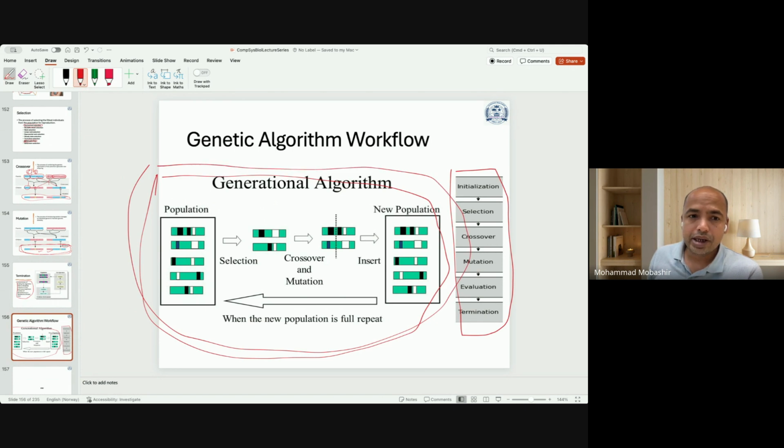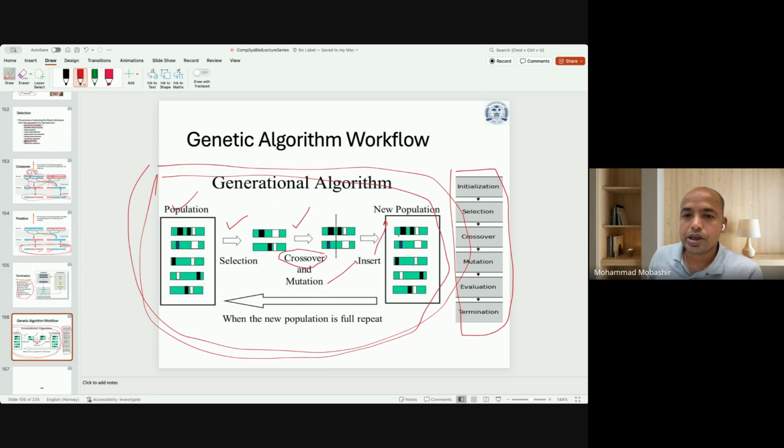So let's say initial population, then selection, then crossover and mutation. But when you have an evolutionary algorithm, then you don't use the word crossover, and you go for mutation, insertion, and then create a new population equal to the number of the initial population.